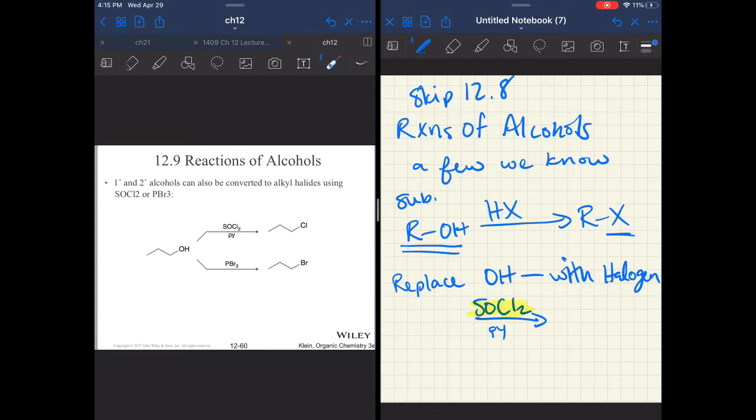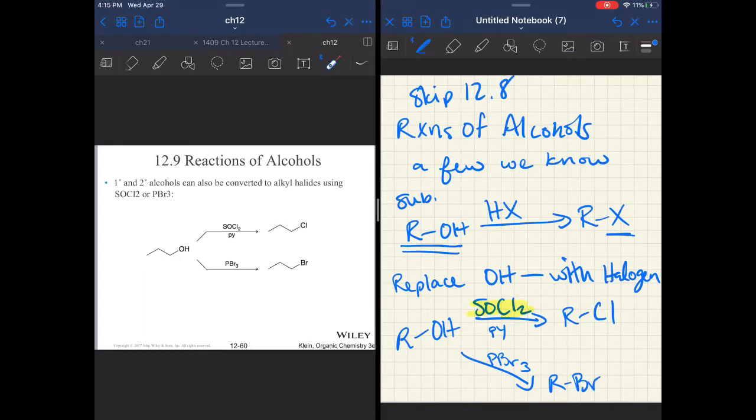I'm not going to try to trick you there, right? So alcohols with thionyl chloride will give you the alkyl chloride. And then one that's really nice for synthesis is very easy, PBr3. So that will take your OH and it will replace it with a bromine.